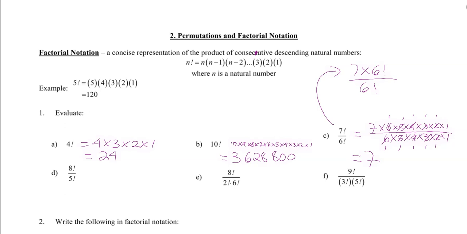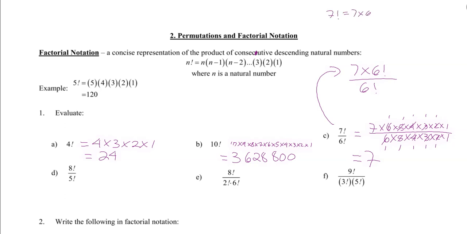But do I have to write out 6 times 5 times 4 times 3? Basically, you can expand 7 factorial, and you can stop anytime you want. So you can go 7 times 6, I'm done. Just put down the factorial sign. We could write that 7 factorial.